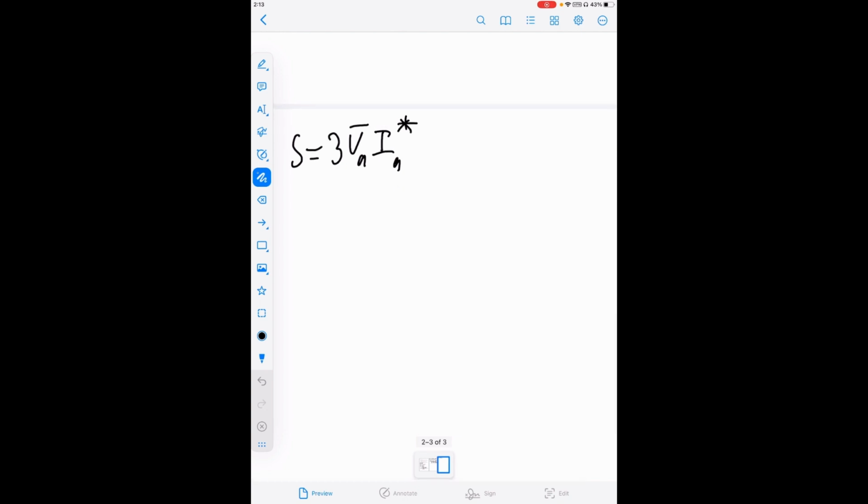Plugging in, we get 3, again, 550 divided by the square root of 3, angle 0 as it's our reference. Then our current was 262.85. And then our angle is going to be a positive 3.23 because we took the conjugate.